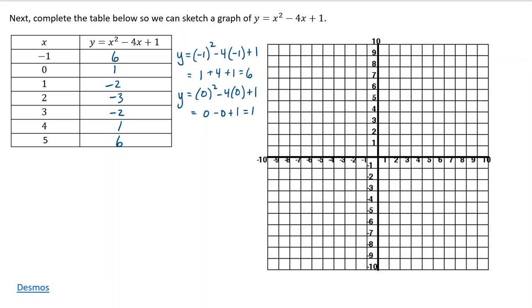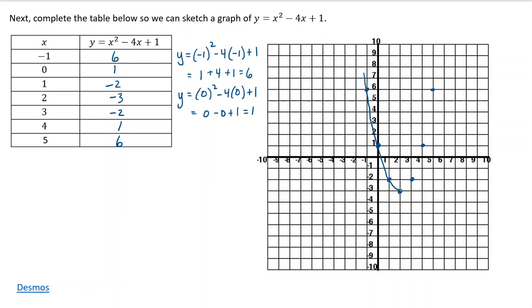And so if you go ahead and check what you got and make sure it matches up, then we're going to go ahead and plot these points on the graph and see what type of shape emerges here. And so if I look and see what I have, I get this kind of U-shape graph.